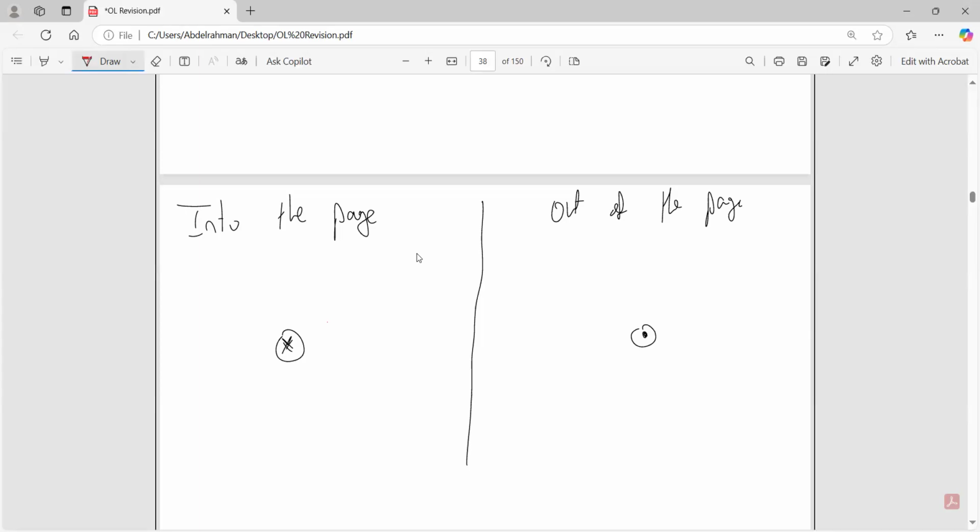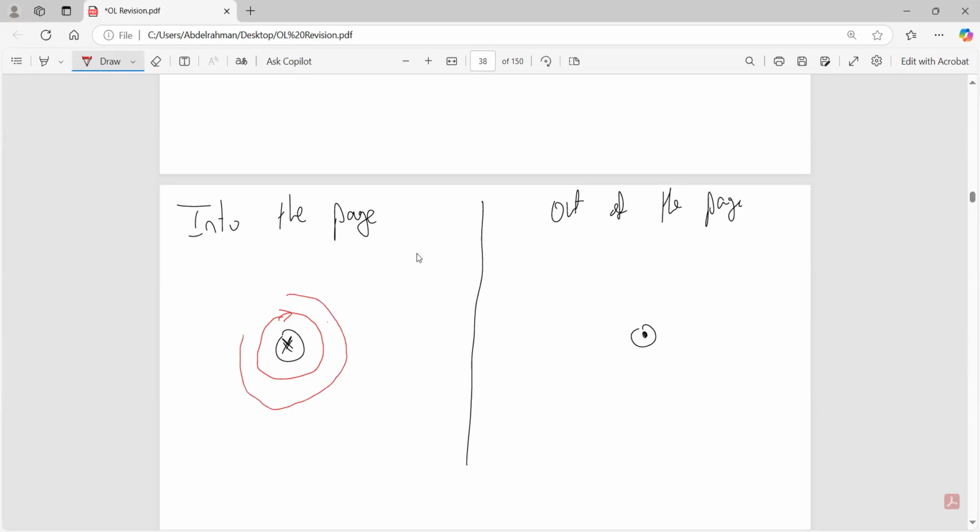How can I draw the magnetic field around this point? You'd usually draw two circles using the compass, definitely using a compass. Two very close circles, and then another one which is a bit further away. Why so?